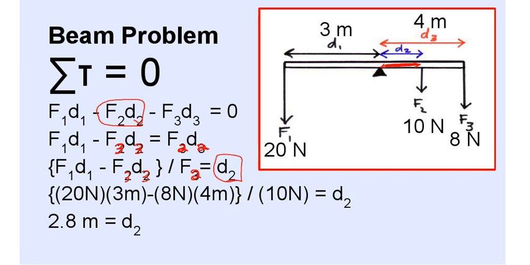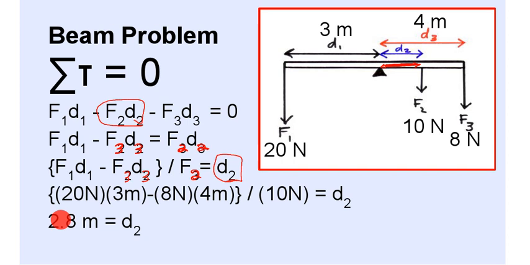Put in your numbers here. F1 is 20 newtons times D1 is 3 meters. F3 is 8 newtons. D3 is that distance right there, 4 meters. And then I need to divide by F2. That was 10 newtons. So finally I got a line right here.